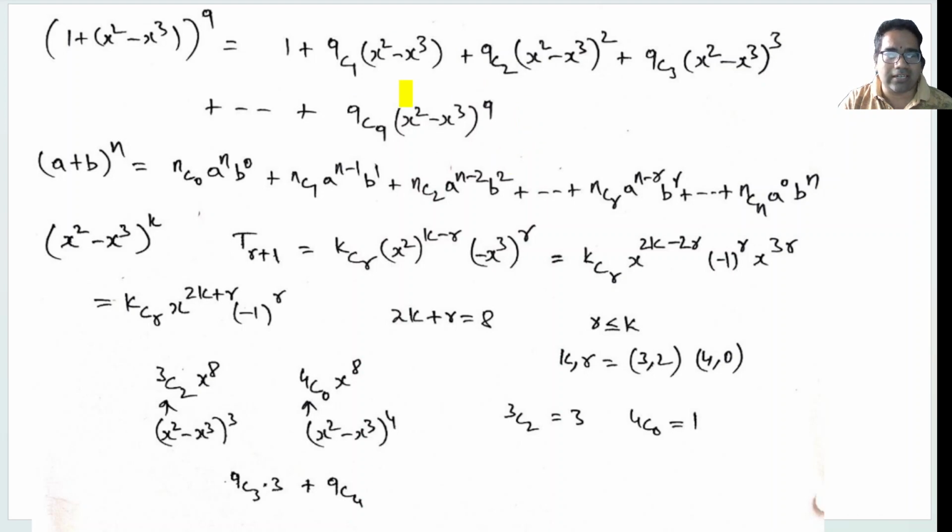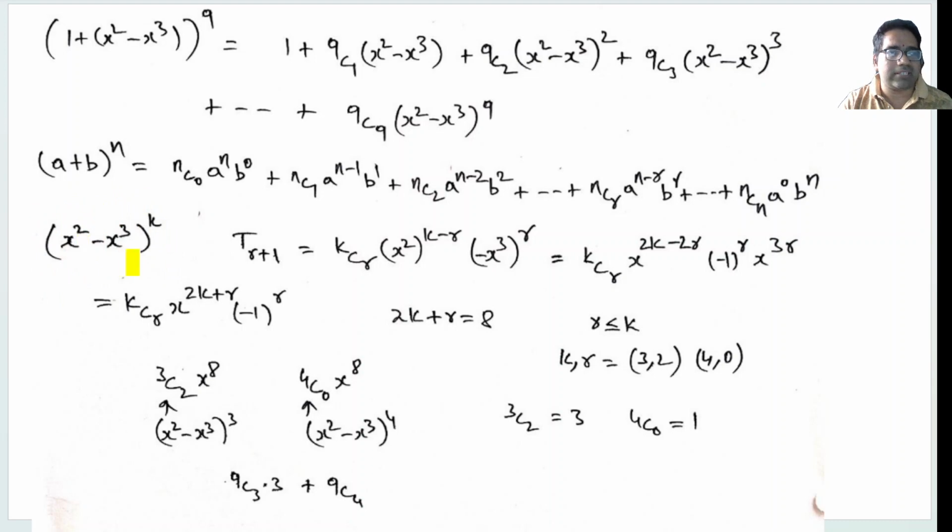So what we do, let us take one generalized term, x square minus x cube whole power k. Because we have x square minus x cube whole power 1, whole power 2, whole power 3, till 9, right? Let's see what it takes to get x power 8 out of this.